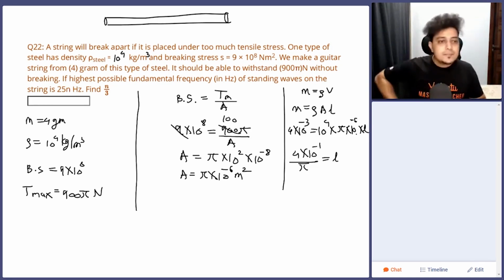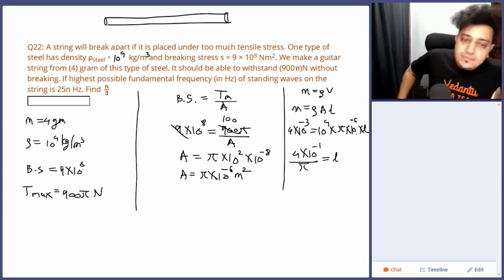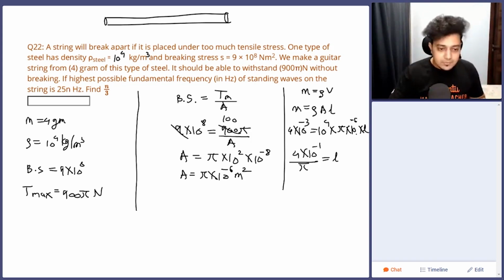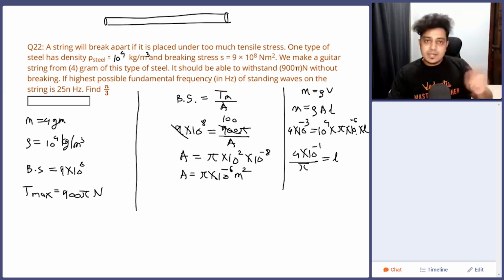Now we have to solve for fundamental frequency. So the highest possible fundamental frequency that we can produce in this string is 25 into n. For fundamental frequency, there will be only one loop and it's a guitar string, so both the ends are fixed.